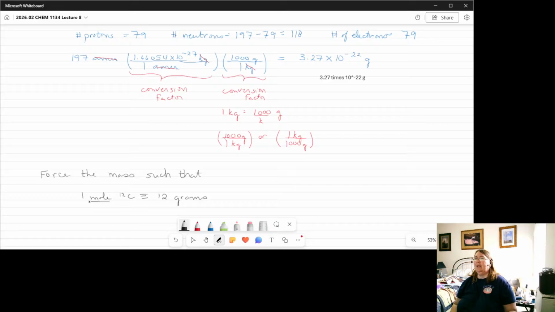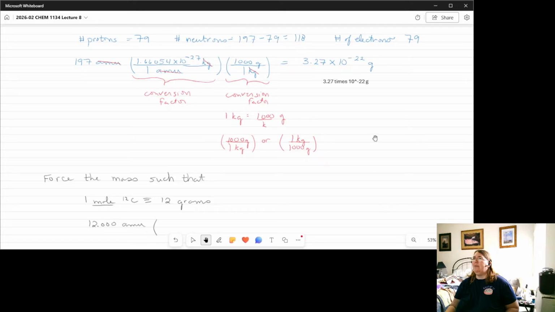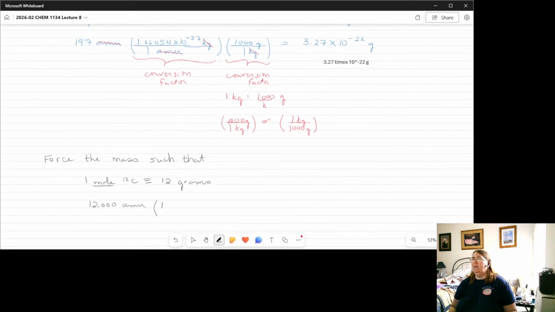Now, carbon 12 has 12.000 AMU. We just worked out that 1 AMU is 1.66054 times 10 to the minus 27 kilograms. We've got 1,000 grams in 1 kilogram.